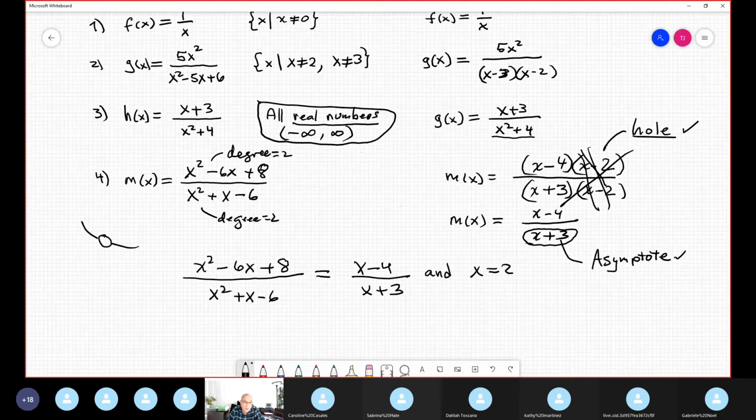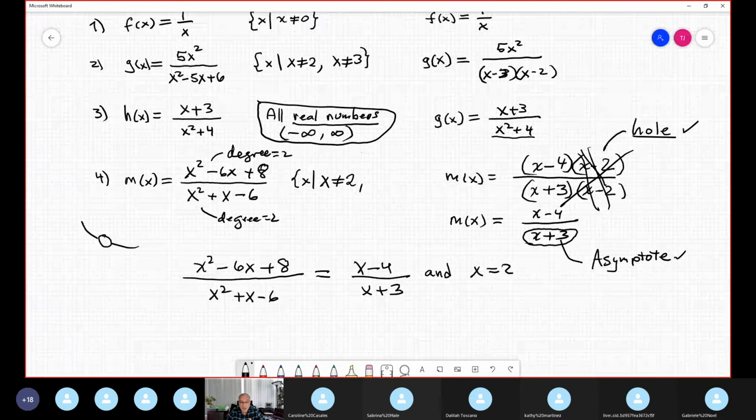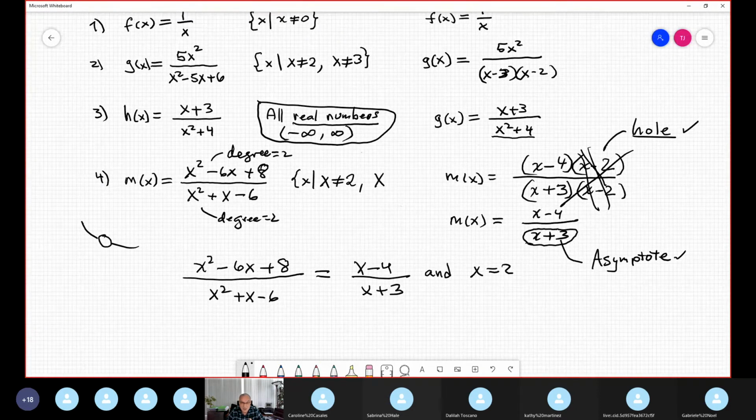Well, the domain of the original function is all real numbers, such that we have two restrictions. The restrictions are the zeros of the polynomial in the bottom of the original, which is not 2, because at 2 we have a hole, I discovered that, and negative 3.